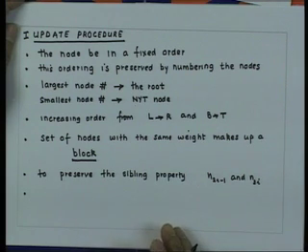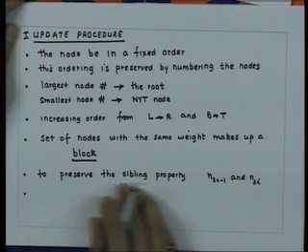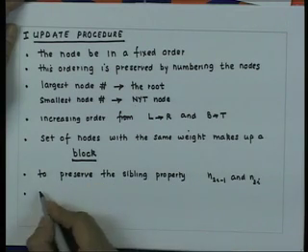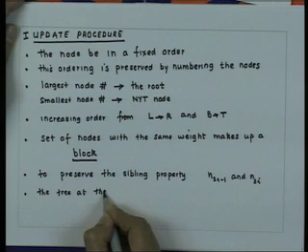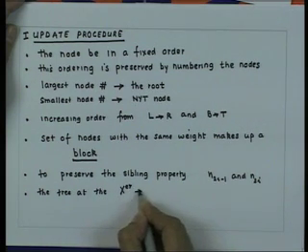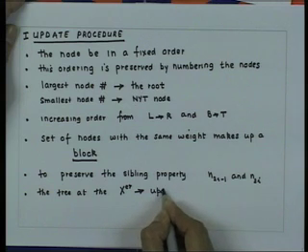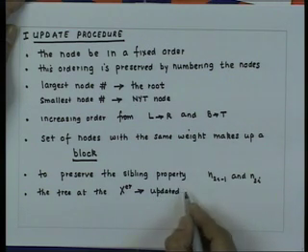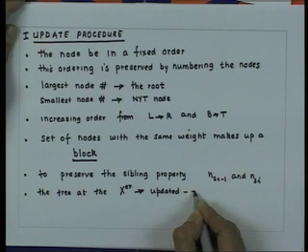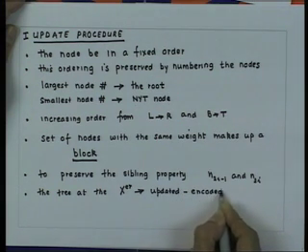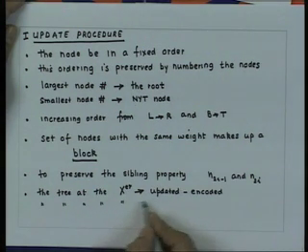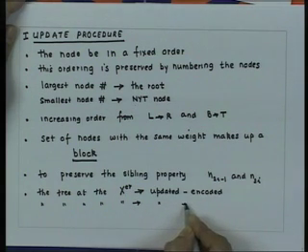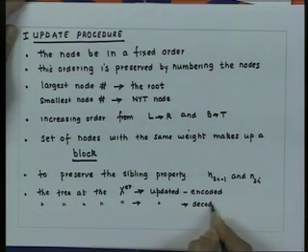So, in order that the update procedure at the transmitter and the receiver both operate with the same information, the tree at the transmitter is updated after each symbol is encoded, and the tree at the receiver is updated after each symbol is decoded.